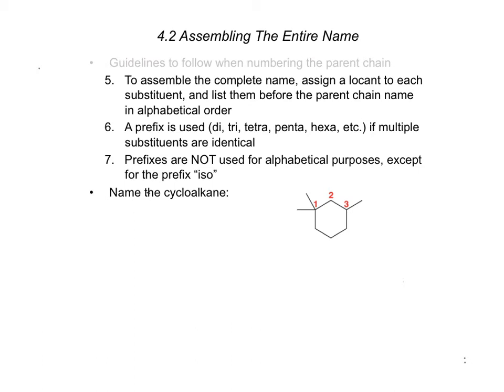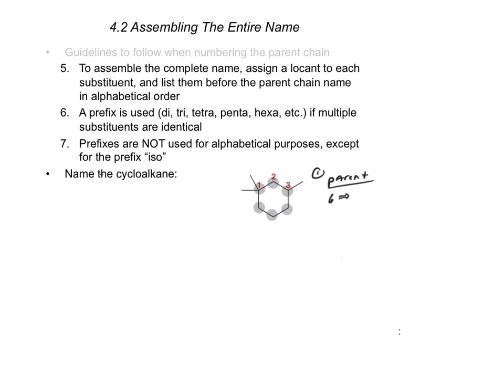So again, if I follow all of my rules, my first step is to find the parent. For this guy, we have 1, 2, 3, 4, 5, 6. We have a parent that has 6 carbons. 6 carbons is hex, and since it's a parent, it's hexane. But because it is cyclic, it is going to have the prefix cyclo.